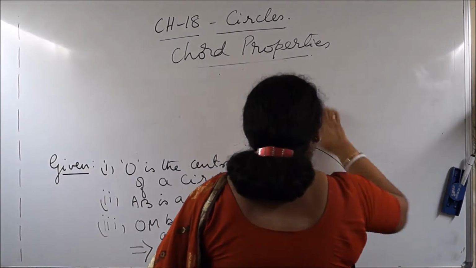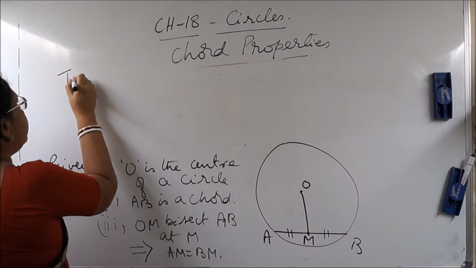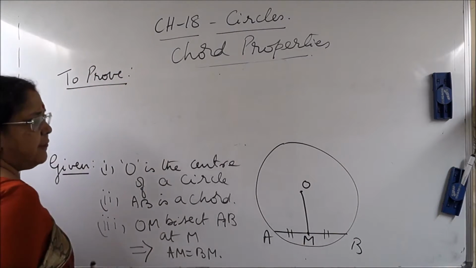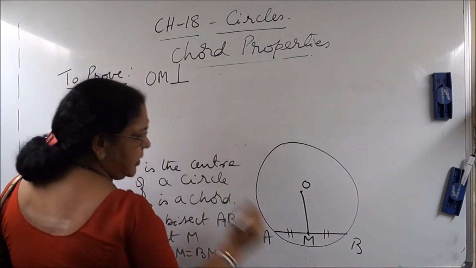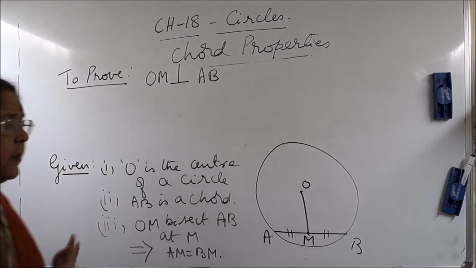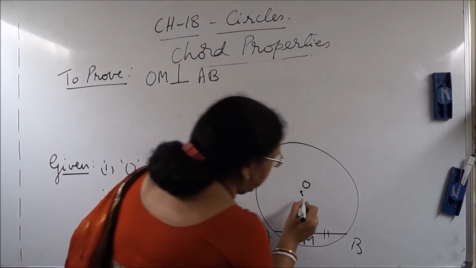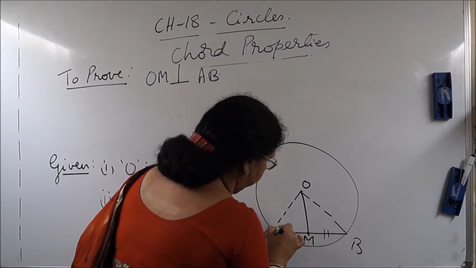So what we have to prove is that OM is perpendicular to AB. With all the given information, let us try to prove it. In order to prove, let us join OB and OA.